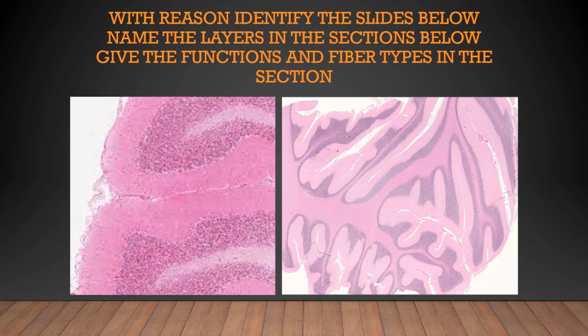So as for the function, the main function of the cerebellum is coordination of movement, and it has two types of fibers, mossy fibers and climbing fibers, with mossy fibers exerting a more diffuse effect.